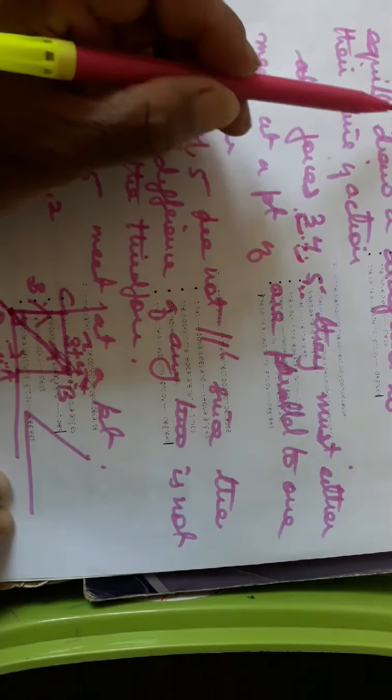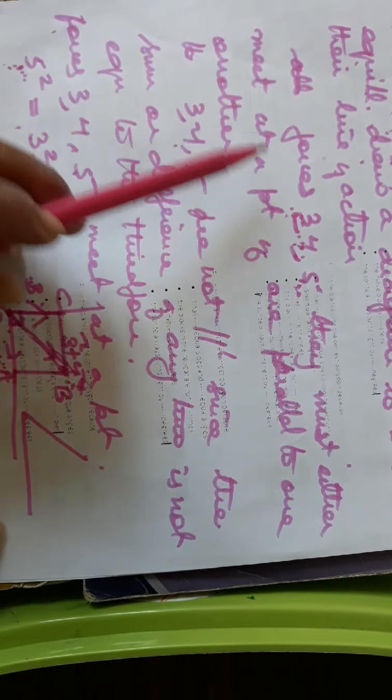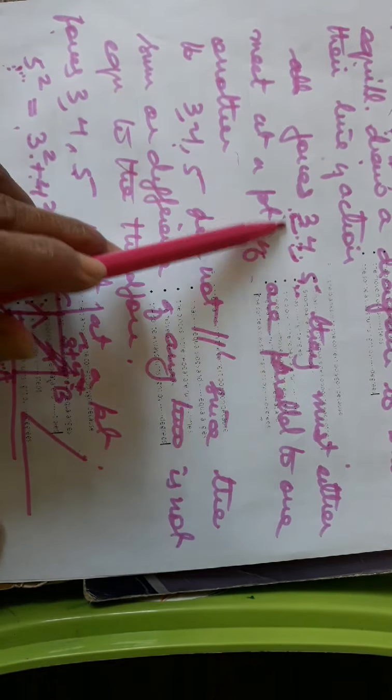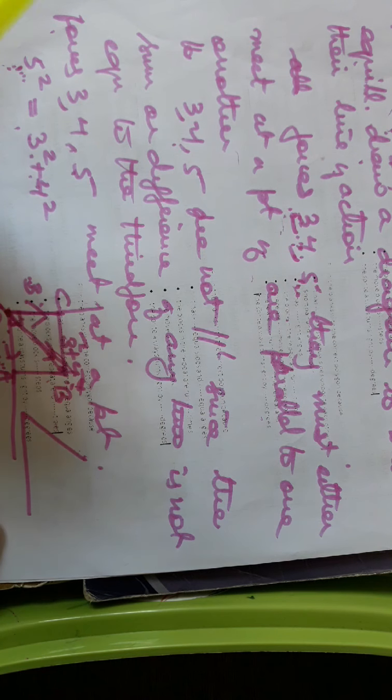Therefore, forces 3, 4, 5 keep the body in equilibrium, since they cannot be parallel, as mentioned, because the sum or the difference of two is not equal to the third force. So this proves the theorem, and the diagram is this one.